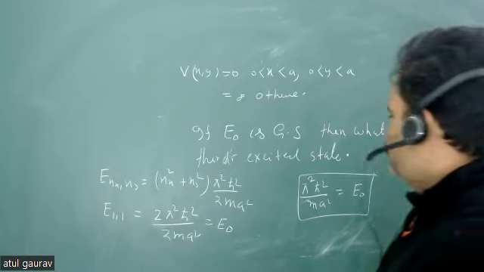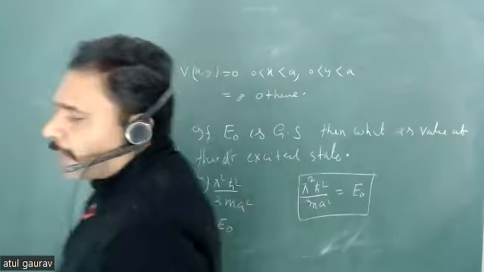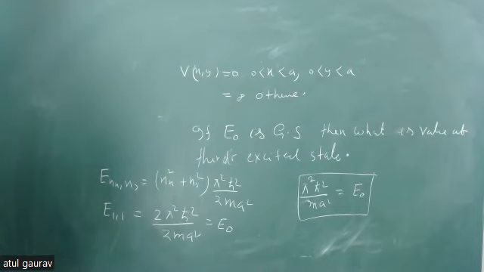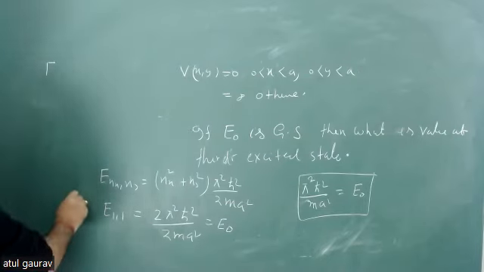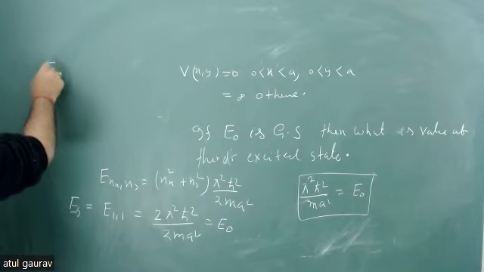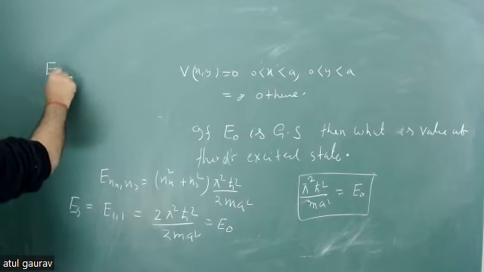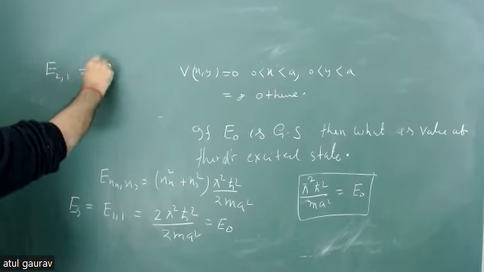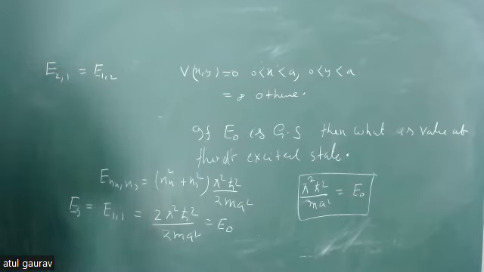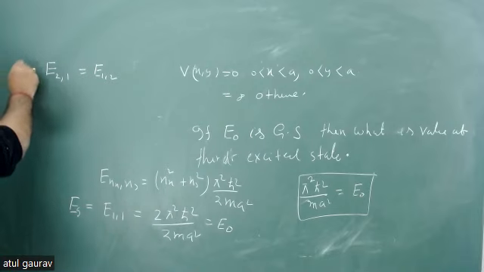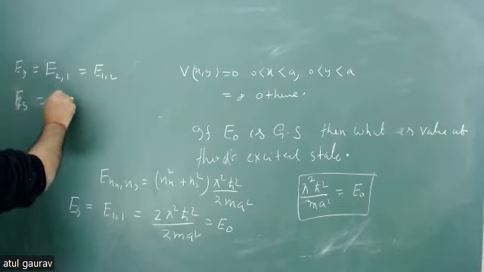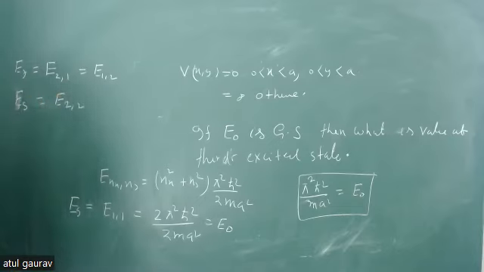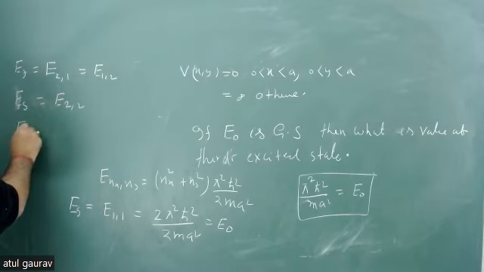Now, what is your first excited state? E12, and E21 is equal to E12. This is your first excited state. We have to go up to the third. What is your second excited state? E22. What is your third excited state?